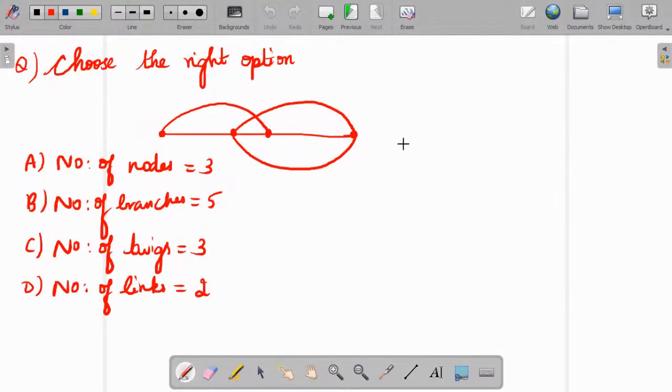Choose the right option. Yes, how many nodes are there? So obviously we have 4 nodes. So option A is not correct. They have asked to choose the right option, but the number of nodes is 4.